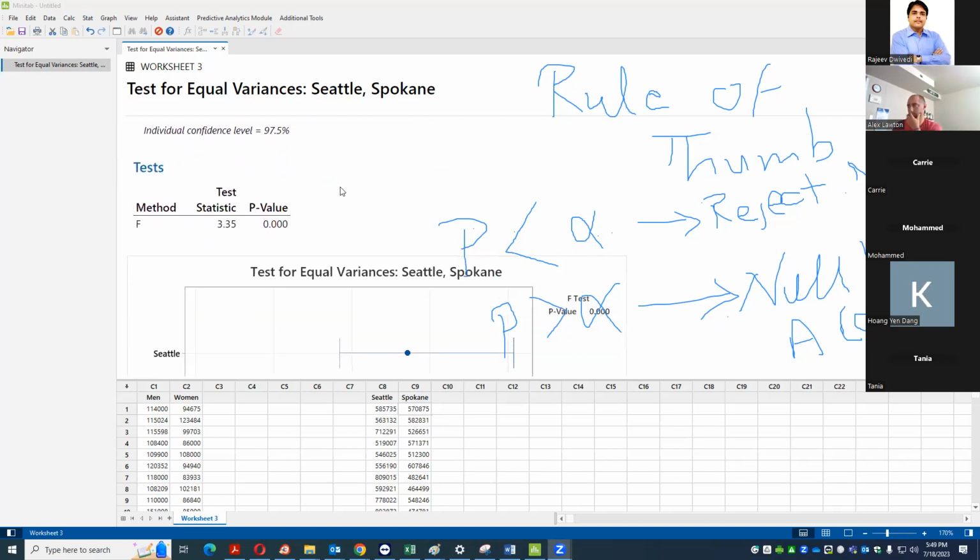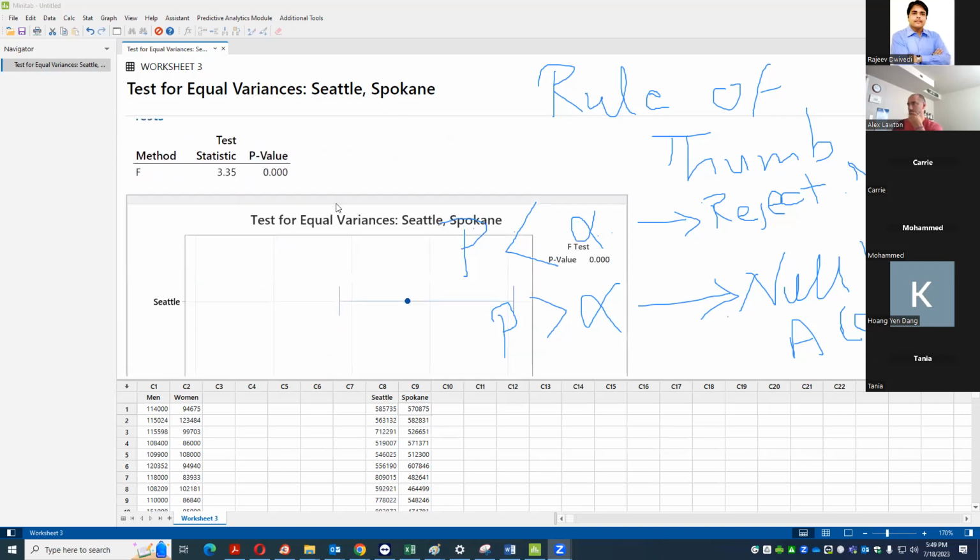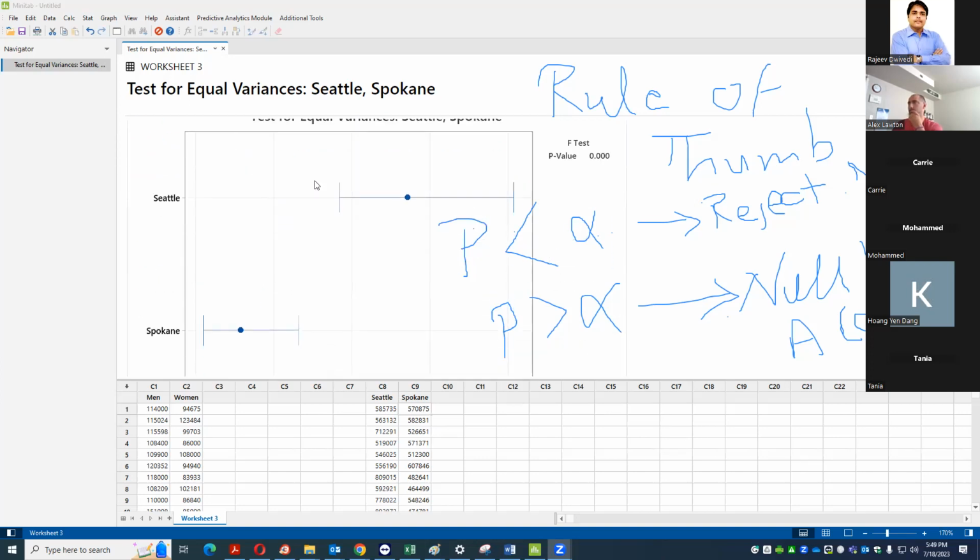The p-value is 0, so it's less than alpha, so you reject it. And this is the eyeball test. You can see the spread of Seattle, the variance of Seattle, and they are separate.